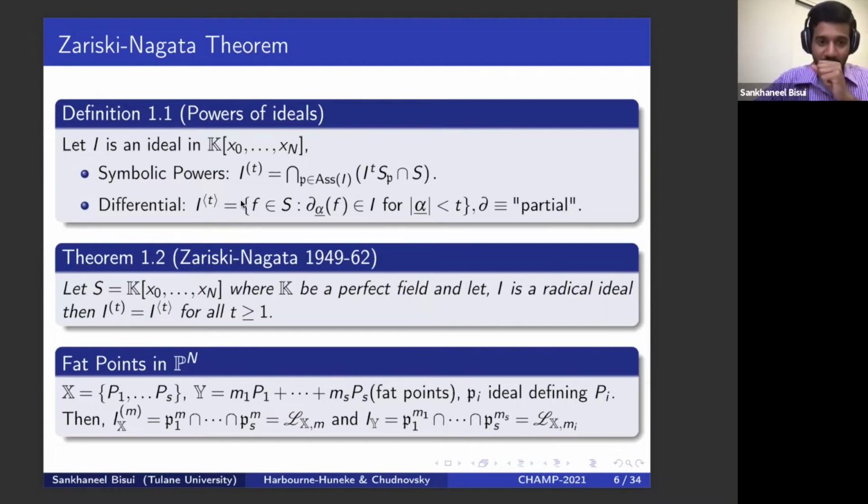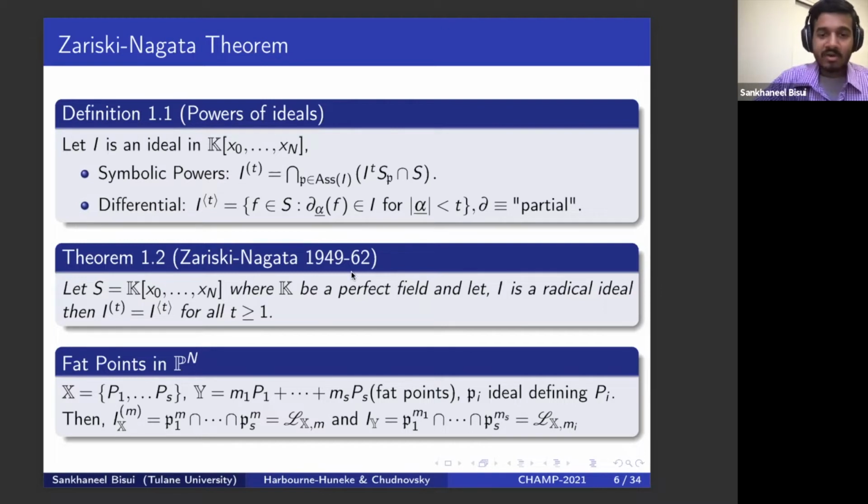Now, the differential power, as it sounds, uses the differentials. When you take an element inside the ring and take the differential of order up to t, you will get back an element inside the original ideal. And I use the symbol delta to denote the partials.